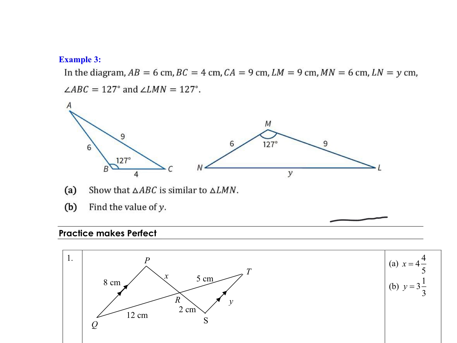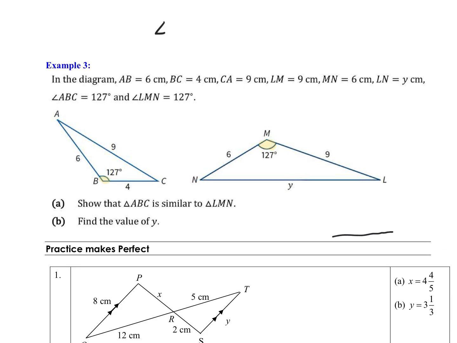Angle ABC is equal to angle LMN. Okay, so this is given. SSA? I need at least 2 more pieces of info to prove that they are similar. So what can I do? SAS.